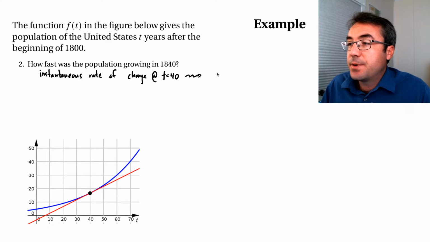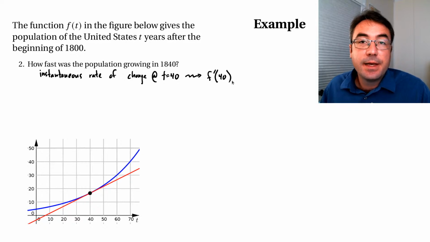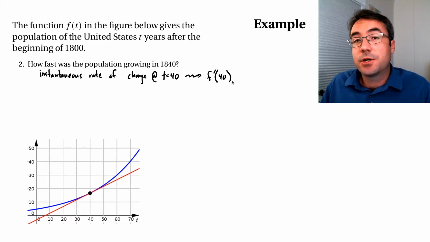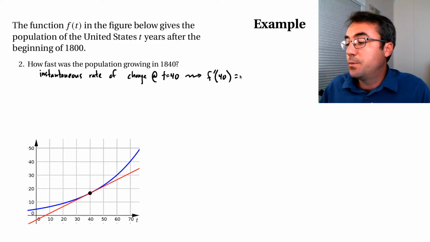And the instantaneous rate of change is just the derivative evaluated at 40. And what is the derivative in terms of a graph? Well, it's just the slope of the tangent line.